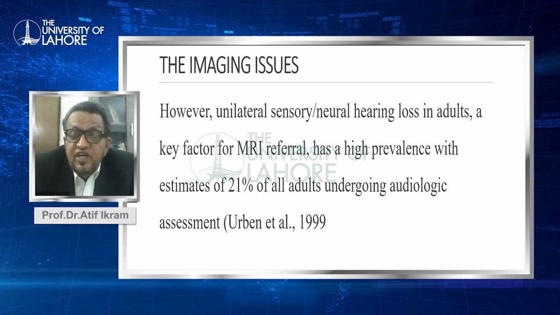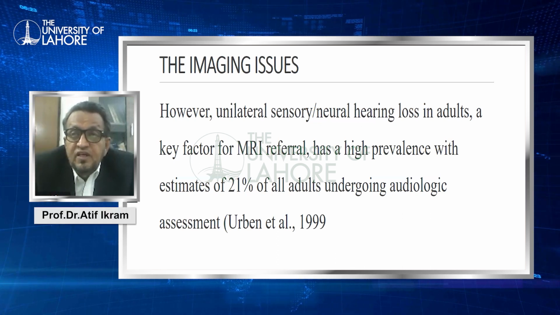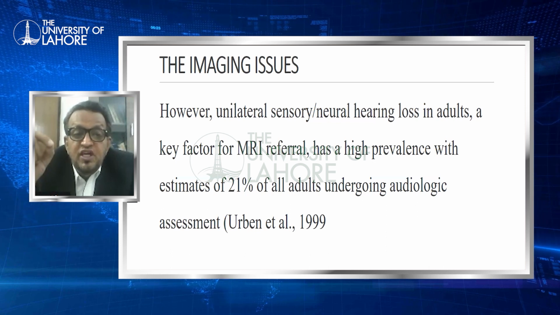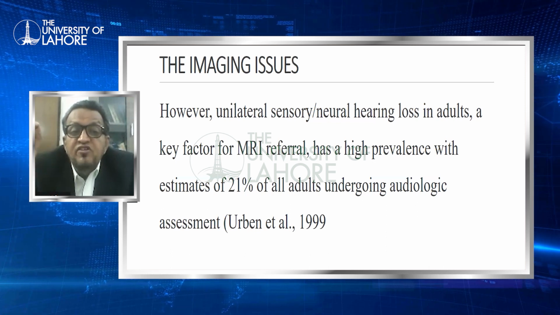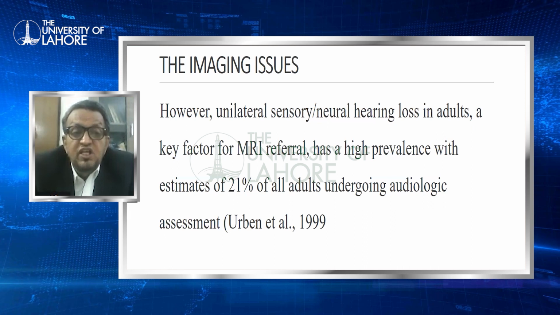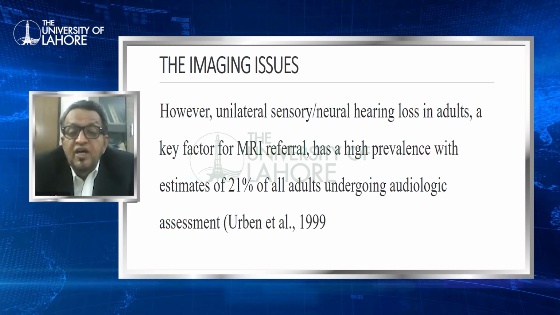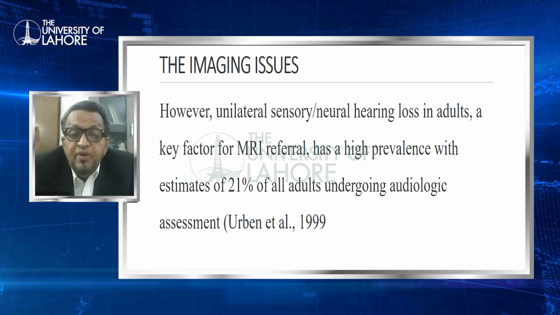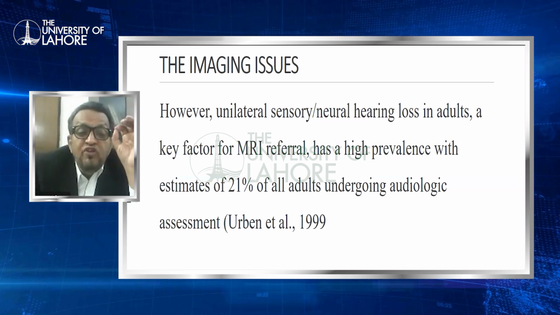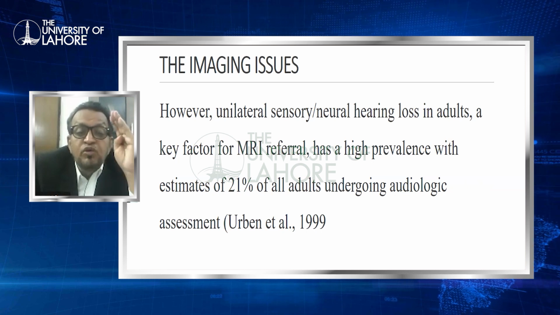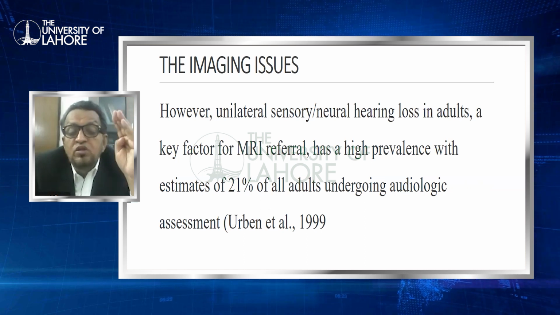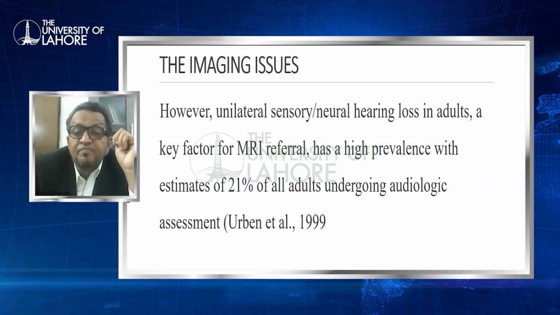A major red light for acoustic tumors is a unilateral sensorineural hearing loss in adults. It is a key factor for MRI referral and has a high prevalence, with an estimate of 21% of all adults undergoing audiologic assessment. Urban et al. reported that in 1999.